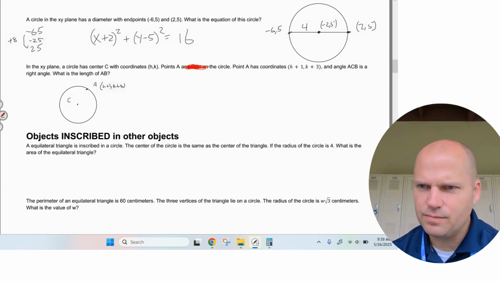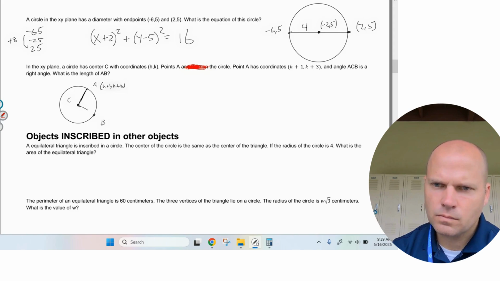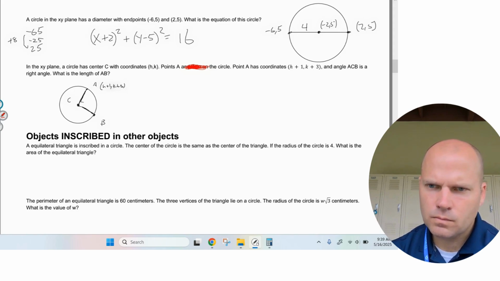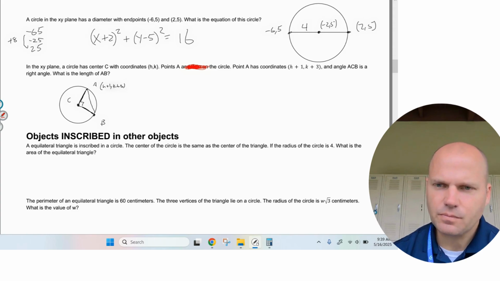It makes a right angle. Yeah, you could totally do this. This is the length of AB. Doesn't matter where B is, but this is the idea.